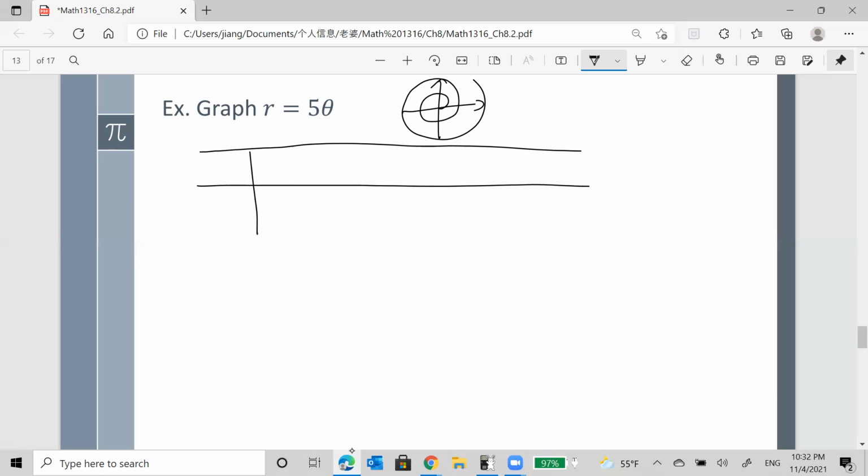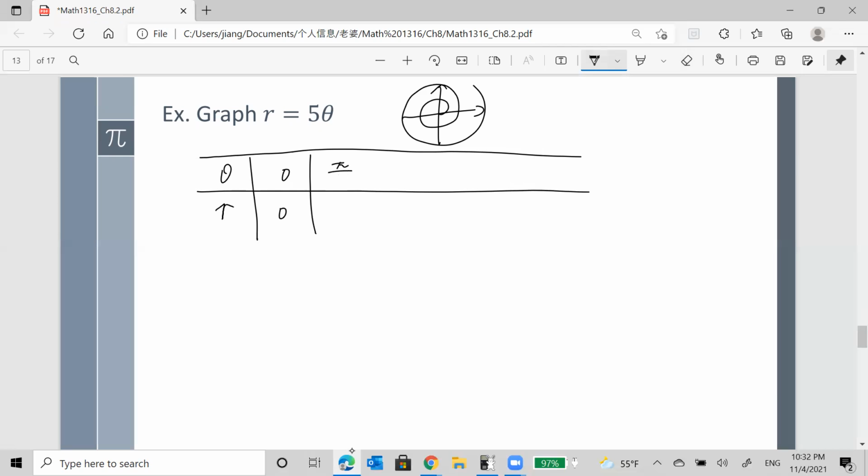The first row is for theta, the second row for r. When theta is 0, r is 0 because 5 times 0 is 0. And then pi over 3. So 5 times pi over 3. Oh no, because we always do pi over 6, so 5 pi over 6.